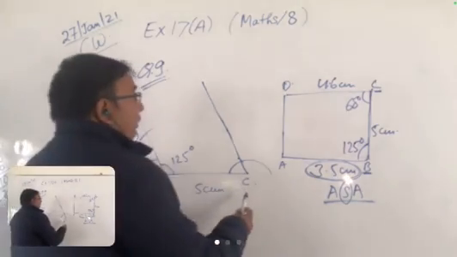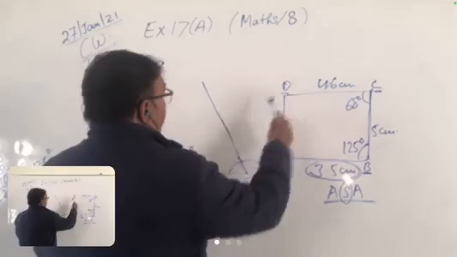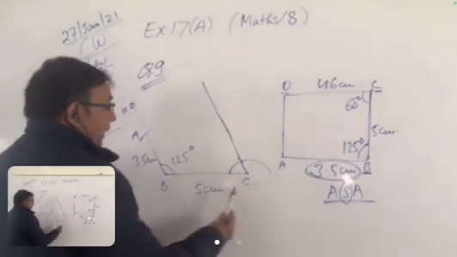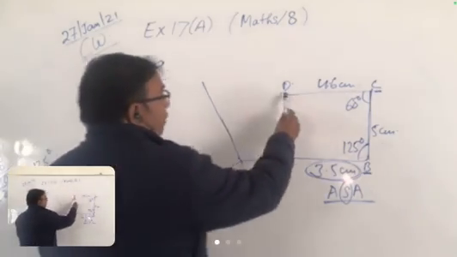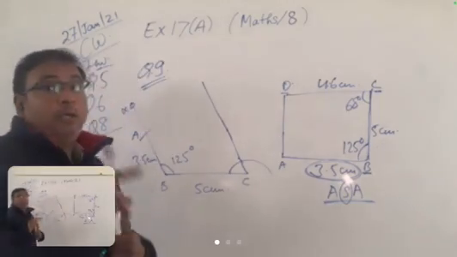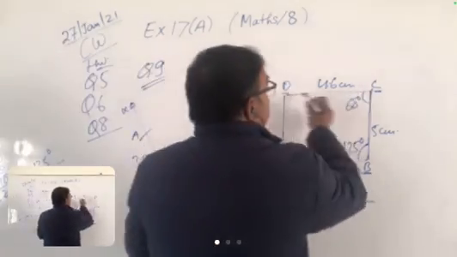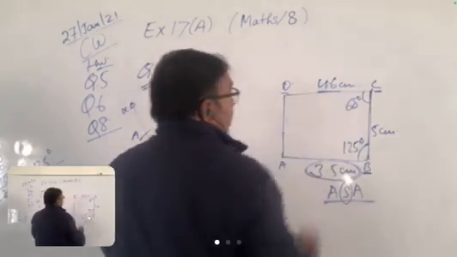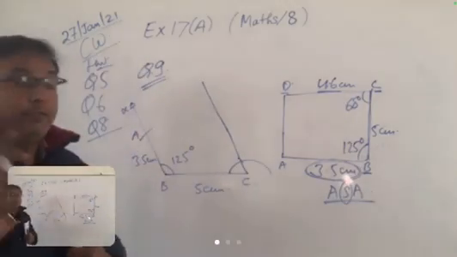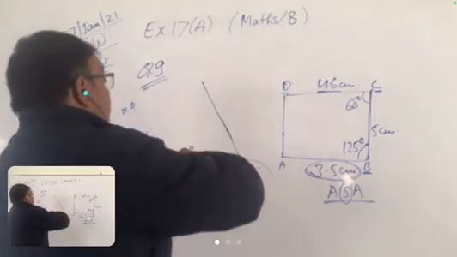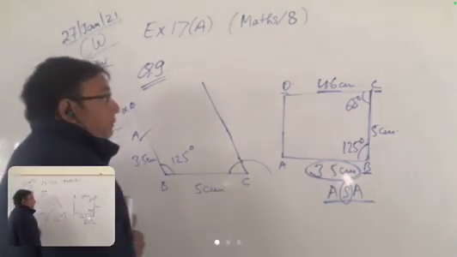Good. Now we have to locate the point D only. A is located, B and C we already have. Now we have to locate point D. So now take a radius of 4.6. CD is equal to 4.6 centimeter.